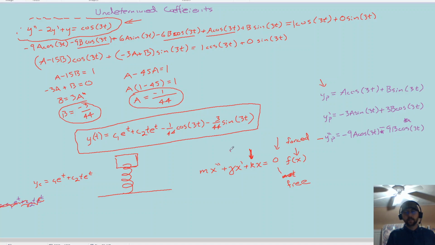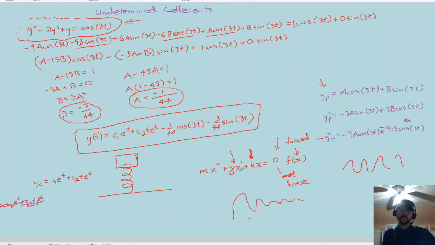The gamma is the damping constant. So if there's no damping, the final result will be some kind of oscillation forever. If there is damping, then the oscillation will eventually die down. That's oversimplified, but that's basically the idea.